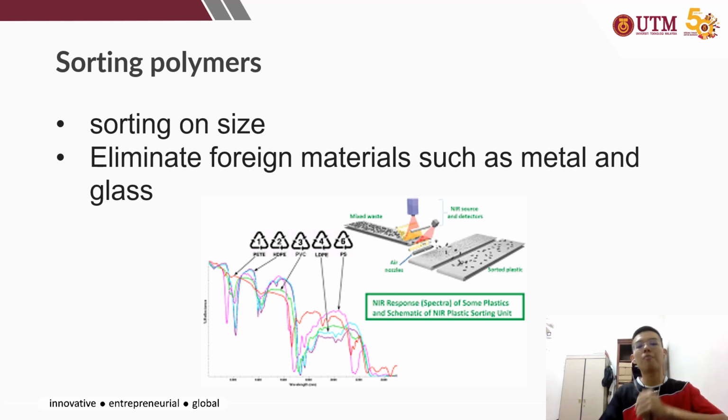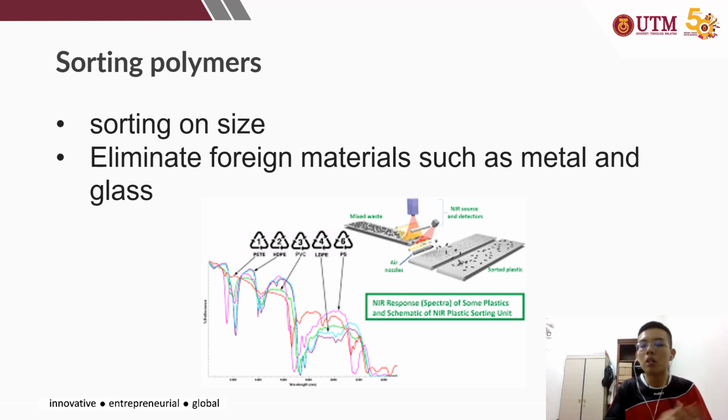First, sorting of polymers. In sorting of polymers, we need to sort the polymers according to their size and their type. For example, there are a lot of types of polymers like PVC, polypropylene, polyester, polyamide. So we need to sort by size and material.